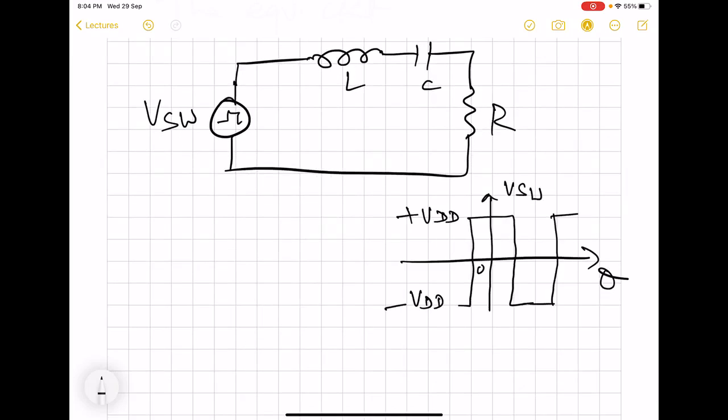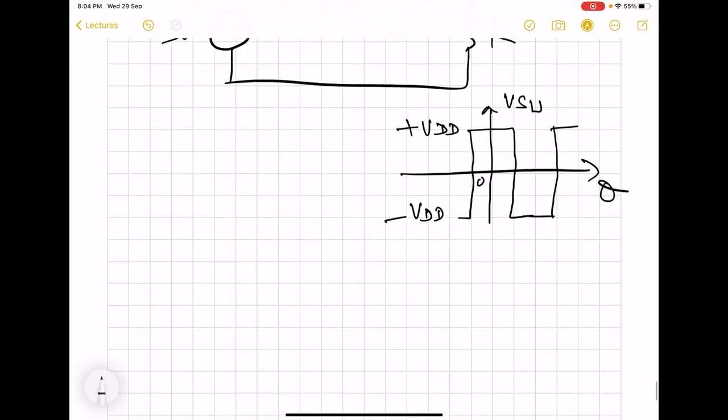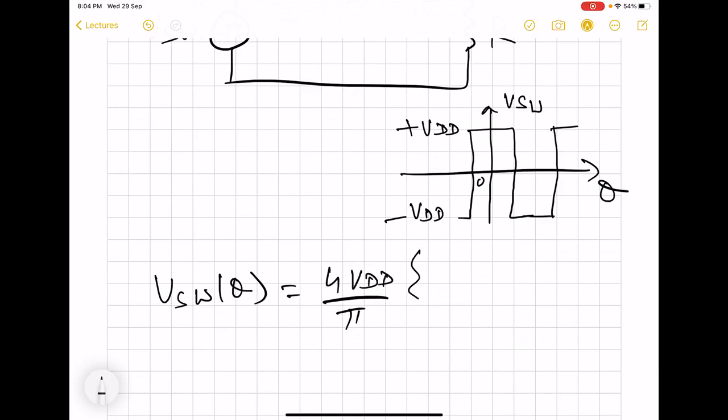So we have already seen how to find out the fundamental. So we can write the Fourier components of this, and this time it is going to be 4 VDD by pi. There is going to be no DC because this is symmetrical about 0. Average value is 0.